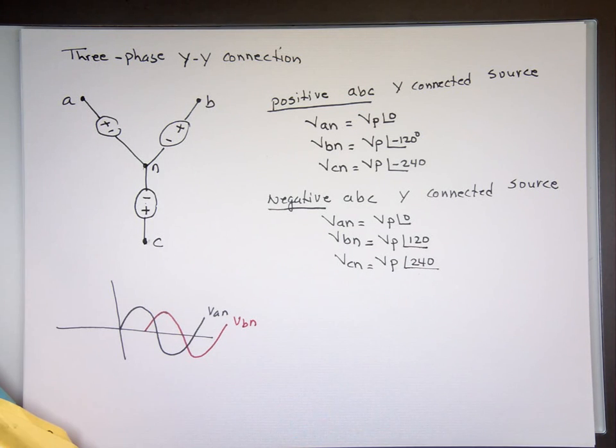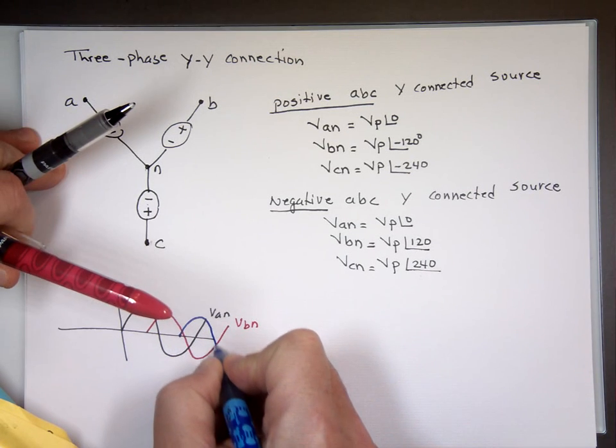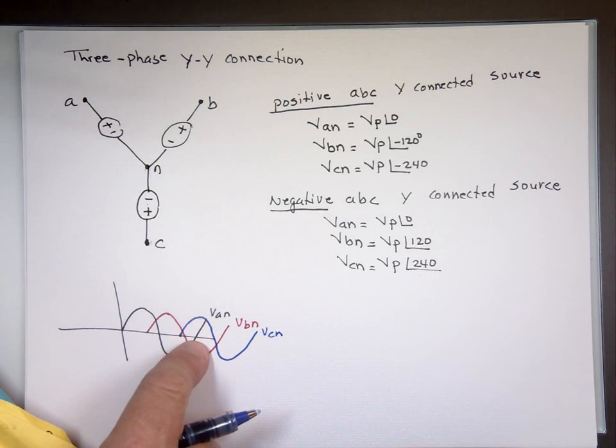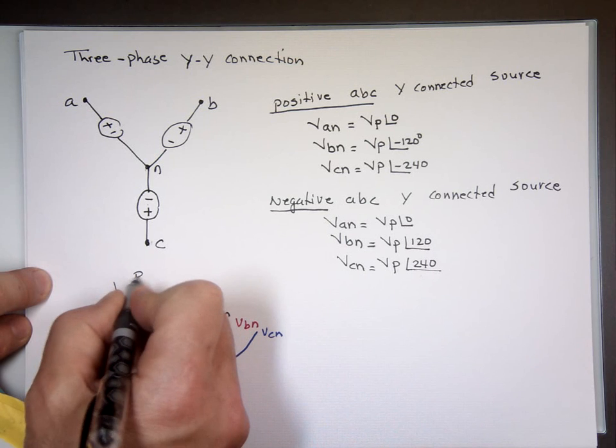And VCN will be 240, and 240 is somewhere here. So notice they're all starting on the positive side of the x-axis. That makes sense in terms of lagging or leading.